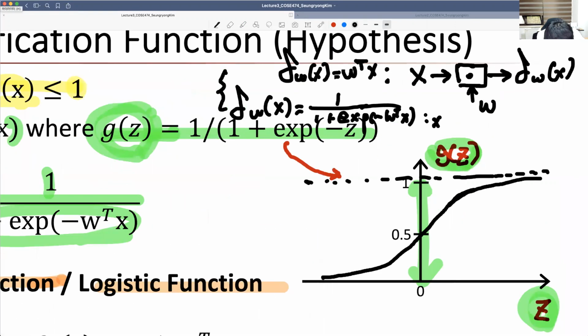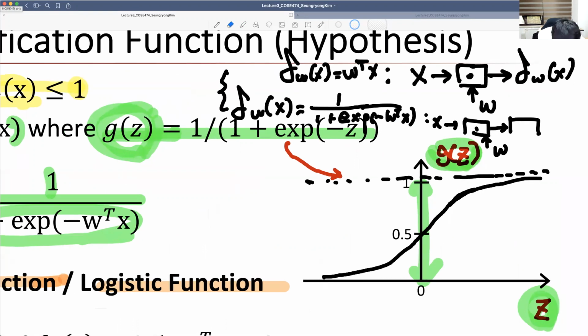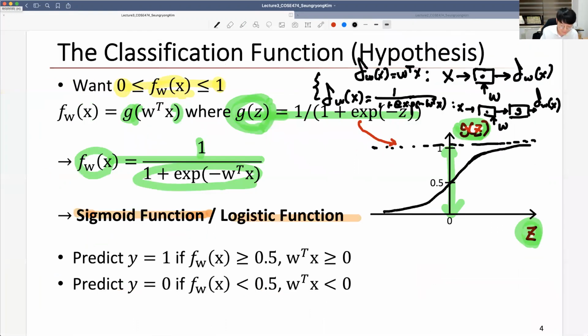Then we can represent this procedure with w and the nonlinear term g and x, right? This is the main difference between the regression problem and classification problem. So in this case, this nonlinear mapping function is called the sigmoid function, whose shape looks like this, right?